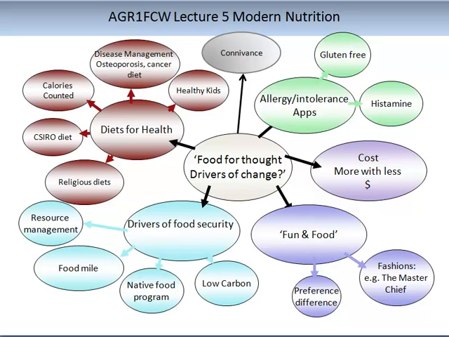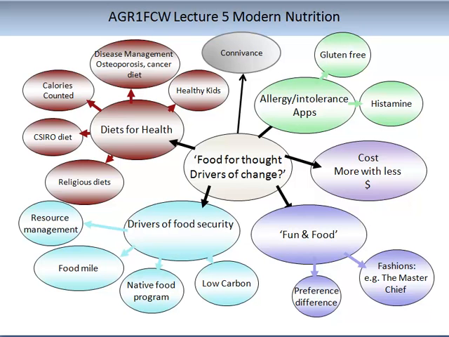Diets can be guided by religion or by a wanting to have healthy children. In modern day time, diets tend to be driven mostly by convenience and or price point. That is, how much can the consumer get for their dollar.